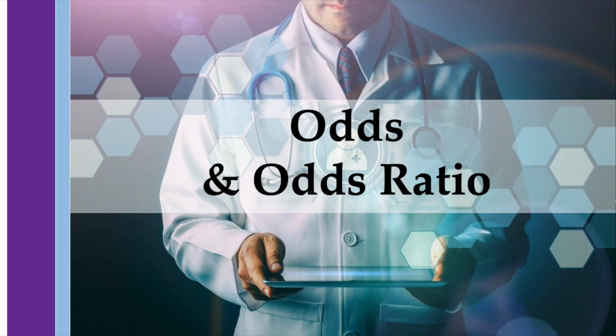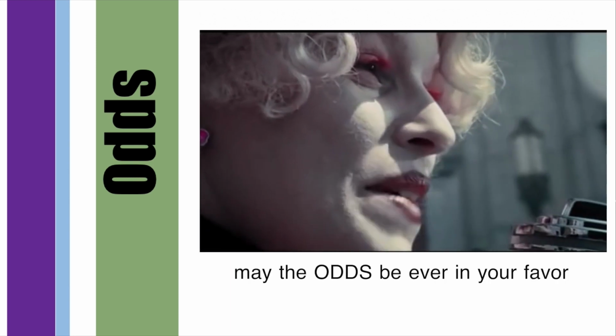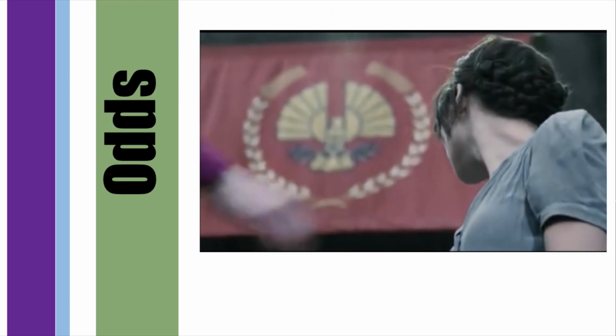This video is about two common measures of association in epidemiology, which is about the odds and odds ratio. You may have heard of odds. It may be in a specific movie, The Hunger Games, and "may the odds be ever in your favor," or music.